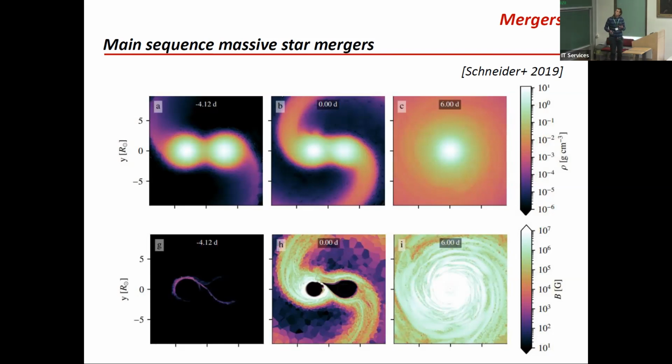These are simulations by Fabian Schneiders and collaborators. They take massive stars, I think they are O or B stars, and they have several sets of simulations in which they show these dynamics, which is very similar to what we see in other contexts. Here you see the density on the orbital plane, and here is the magnetic field.